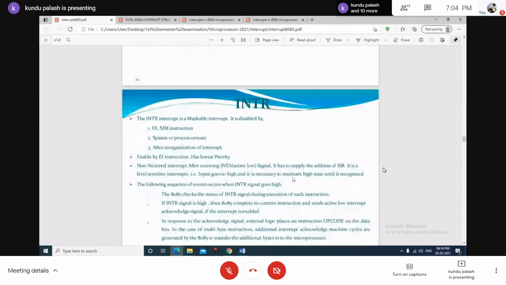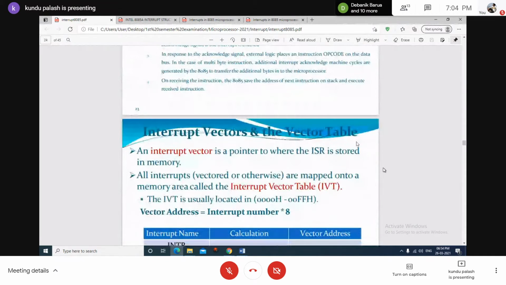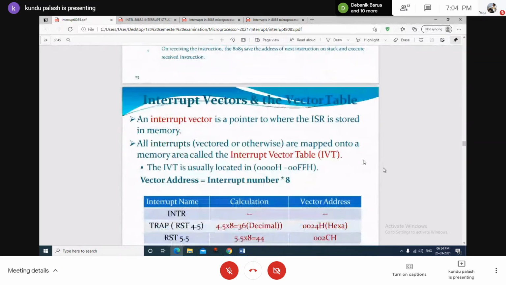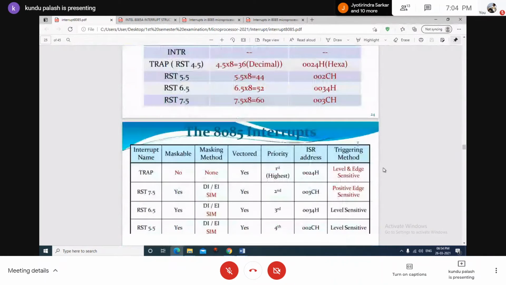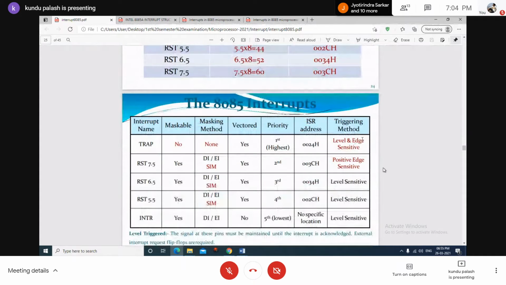These are the steps of how a vector interrupt should be processed. And this is a single table which describes the masking features as well as the ISR address. The last column indicates the triggering method of the different interrupts. What does it mean?